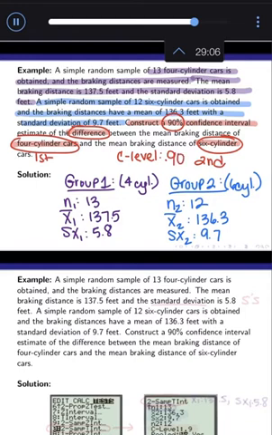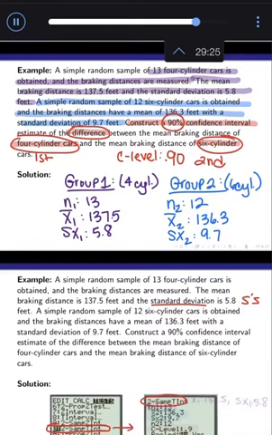So let's see what this is going to look like. When we go in our calculator, we'll select again the 2-SampTInt because again, we have sample standard deviations, we have s's, not sigma. We'll run our 2-SampTInt.